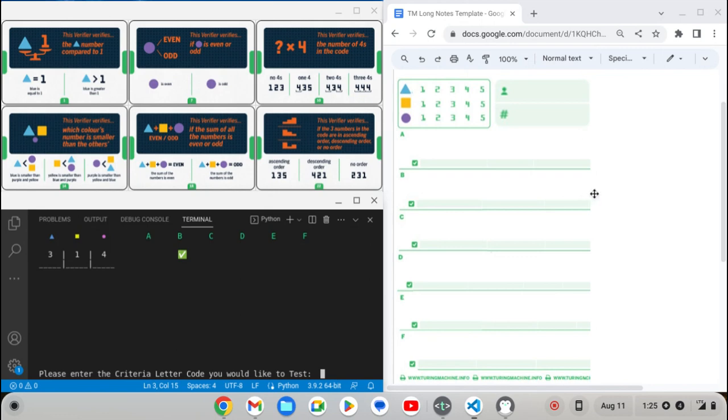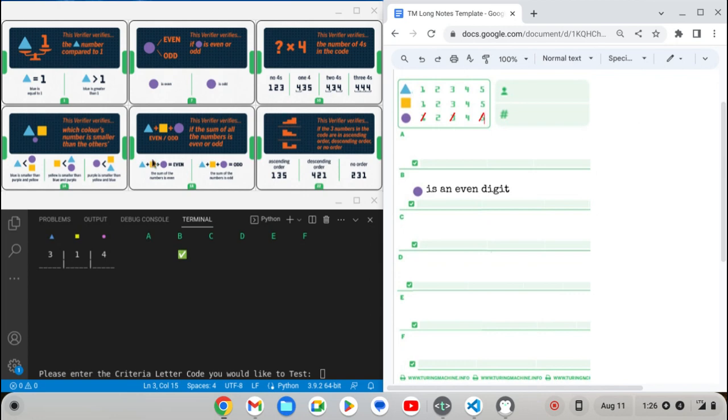So let's go ahead and type that up in our notes in section B, and that is that circle is an even digit. And since it is even, that means we can cross out all the odds. So circle cannot be a 1, 3, or 5.